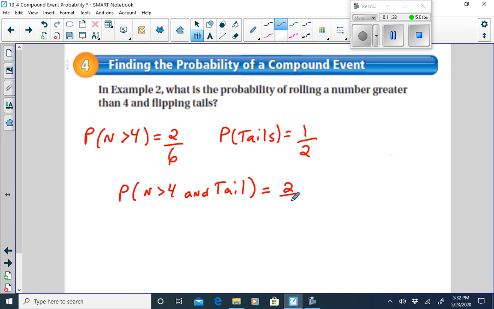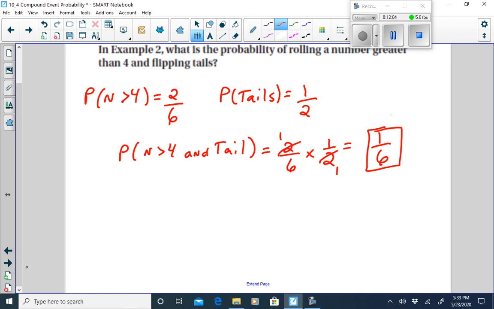We take 2 out of 6, the probability of rolling a number greater than 4, and multiply that by 1/2, the probability of getting tails. We divide these out, 1 and 1, and we wind up with 1 out of 6 as the probability of rolling a number greater than 4 and flipping tails.